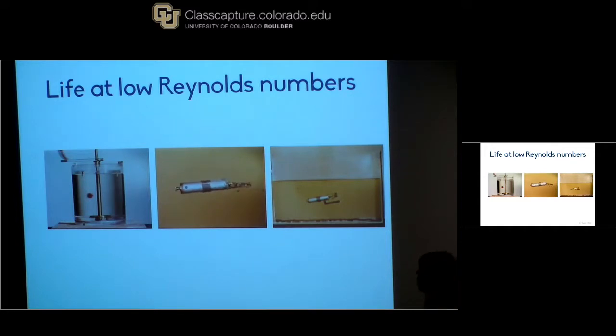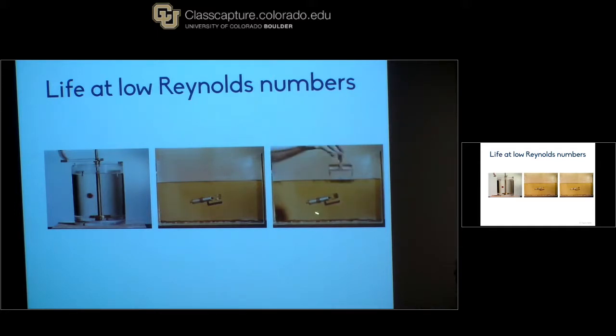And so one thing you can do to get around this problem, if you are a bacterium, is have something that turns. If you have something that turns, you might get back to the original location without ever having to go through the same configurations as before. And that's what the smart guy did here. This is the one that didn't work.